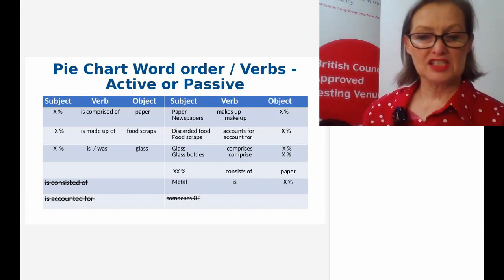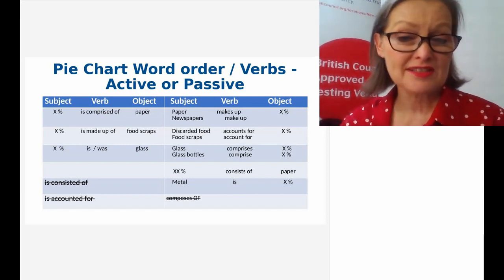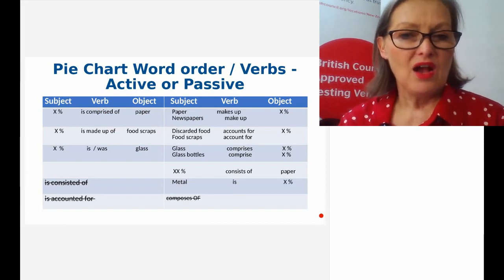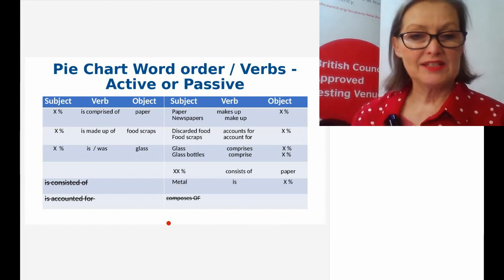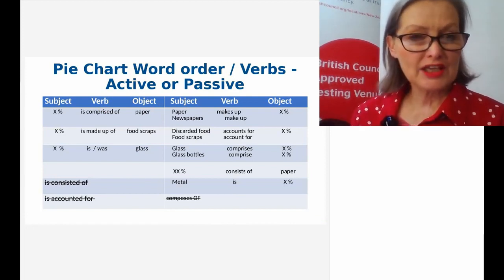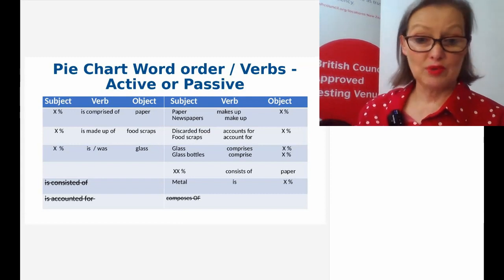So once again, I suggest you make a screenshot of this and write these sentences, write these verbs again and again in simple sentences so that you get them really accurate and you can write them really fast.